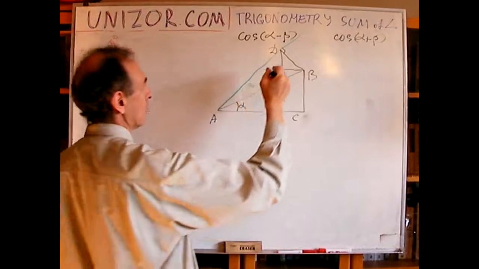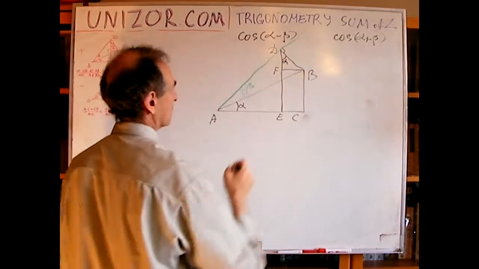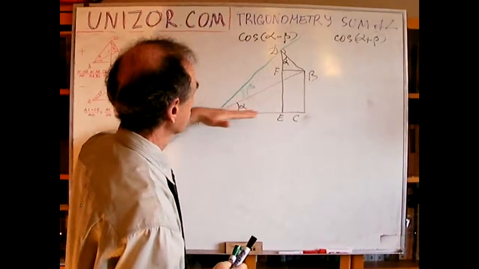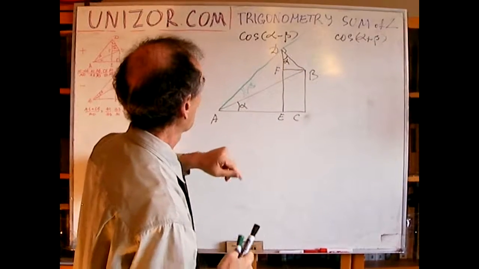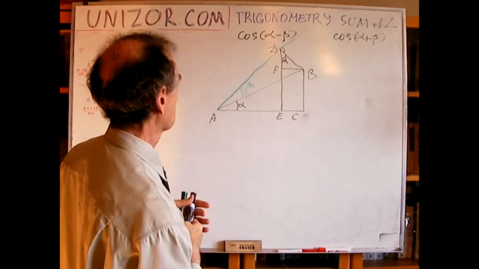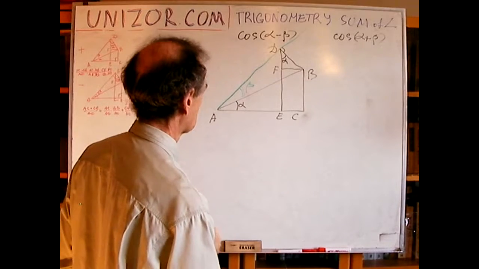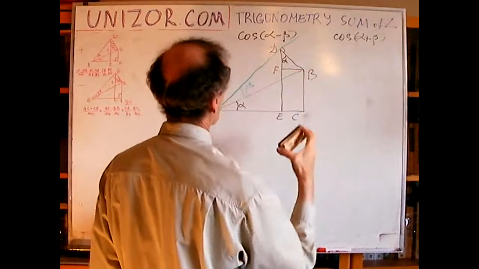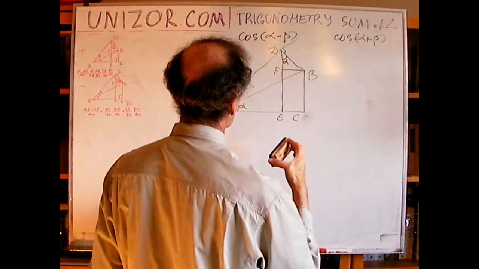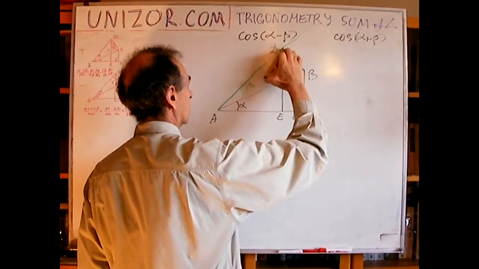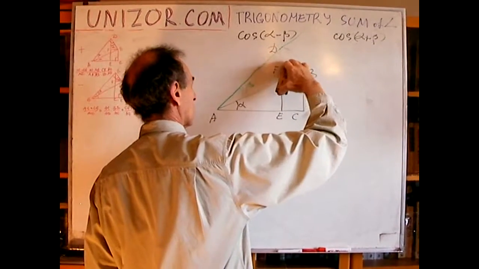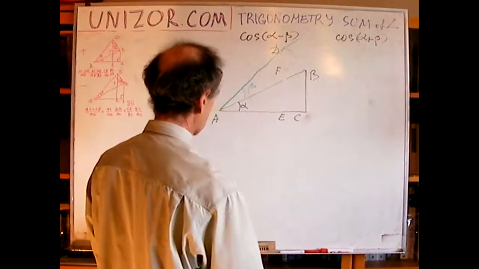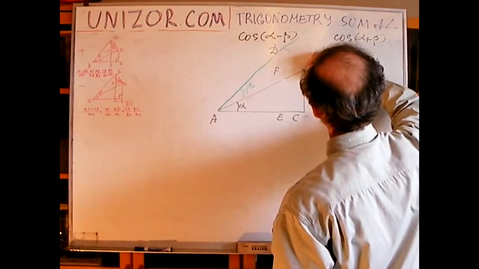And again by the same logic this is also alpha. Right? Because this is perpendicular to this, and this, oh sorry, that's not alpha, is it? That's alpha plus beta. Hold on. Wait. Right, well, yeah, I just didn't draw it correctly. It should be perpendicular to this line.